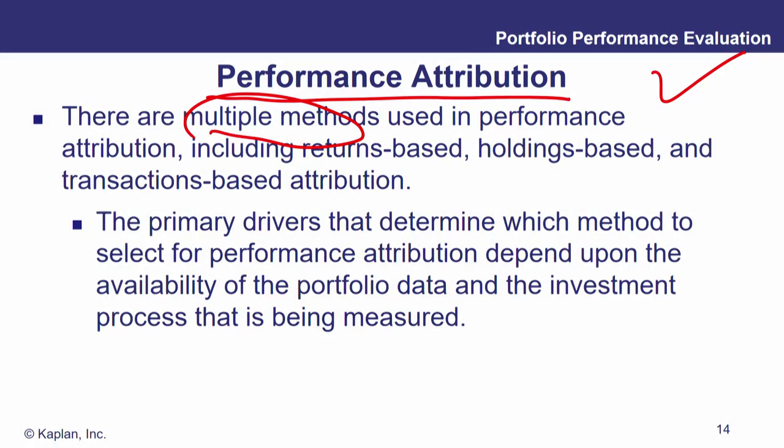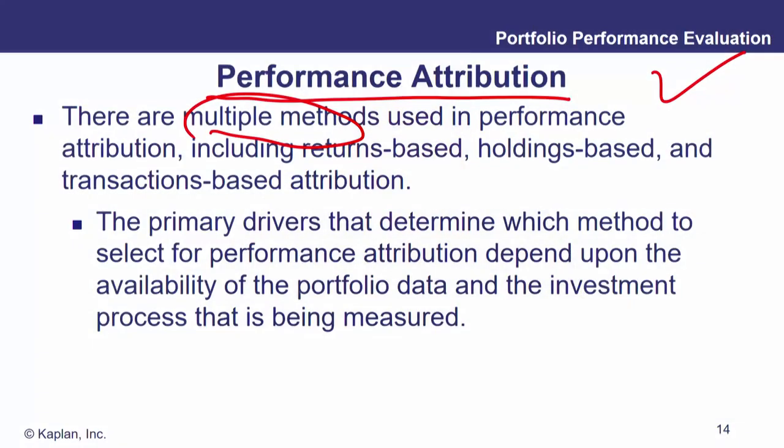The first one is return-based, the second one is holdings-based, and the third one is transaction-based attribution. And just like we do with any model, I want you to know strengths and I want you to know weaknesses, okay? Because that'll really help you figure out if this is an appropriate use of this model, maybe on a CFA exam question. So how do you know which method to use?